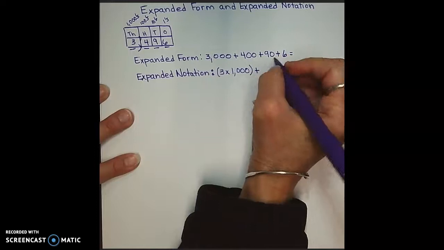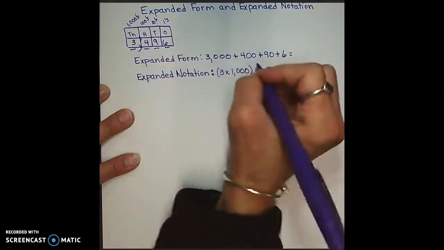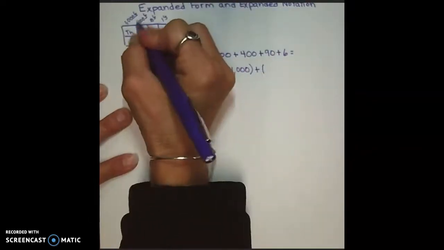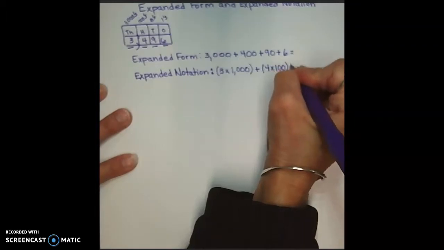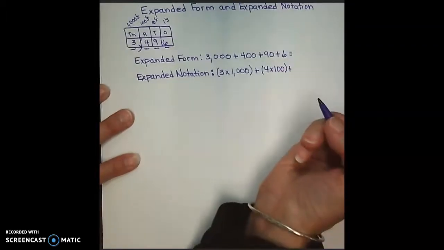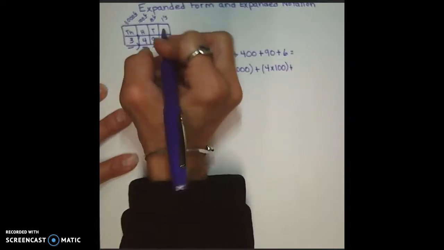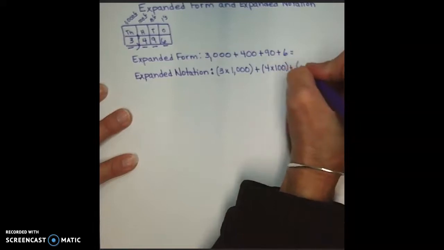Then I put my plus sign. I move to my hundreds place, and I have 4 groups of 100. Close my parentheses, move to my tens place, and I have 9 groups of 10 in my tens place.